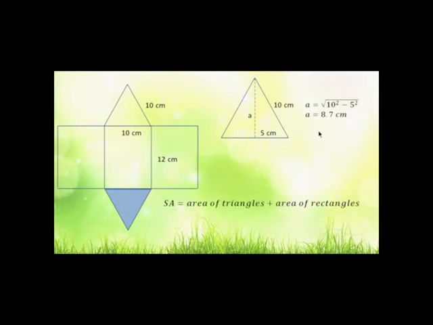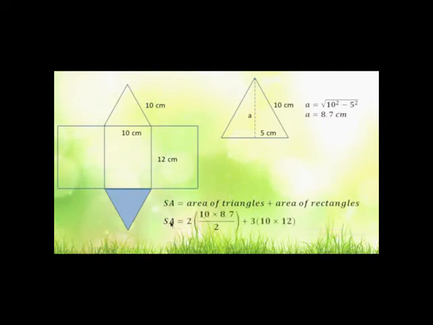And then we can find the surface area of the triangular prism. Surface area equals the area of the triangles. Actually, there are 2 triangles, this one and this one, plus the area of the rectangles. There are 3 rectangles, 1, 2, and 3.